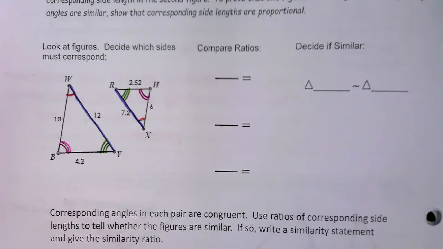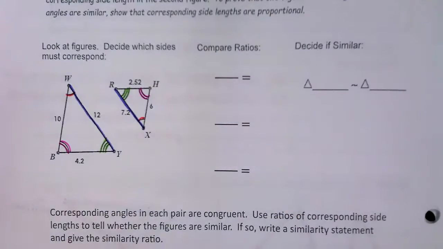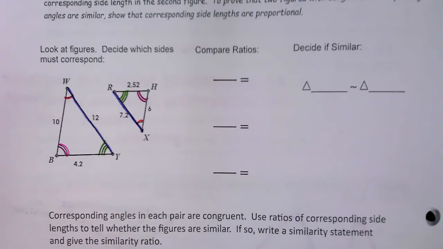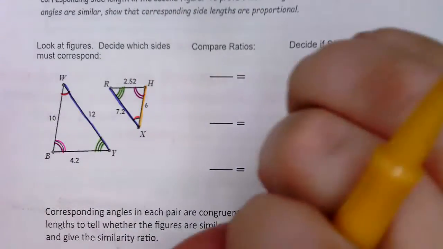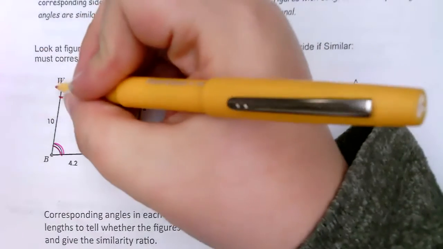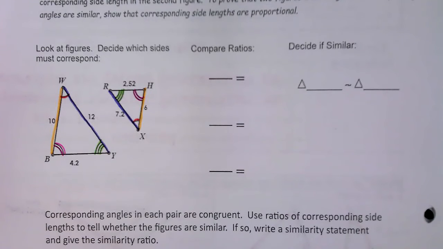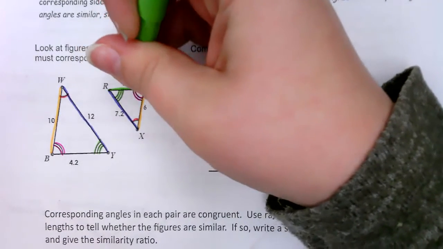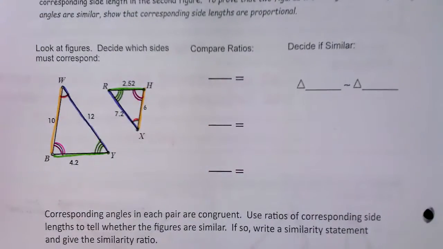Next, let's go with X and H. From X to H here, I go along this side from the red to the pink. And so that would correspond with W to B. And then for the last one, of course, RH corresponds with YB. So we're going to use these corresponding sides to compare the ratios.